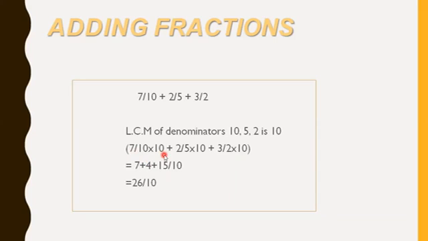So 7 plus 4 plus 15, you will get 26 by 10 as the answer. In this way you will add the fractions. Now 26 by 10, if you reduce to lowest terms, you will get 13 by 5. 2 5s are 10, 2 13s are 26. In this way we will reduce to lowest terms.